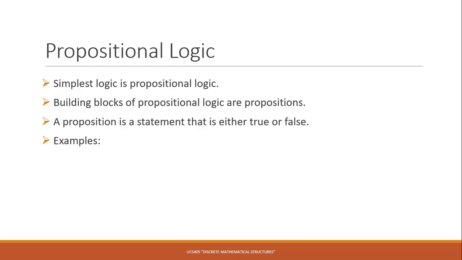Now, the simplest of the logics is propositional logic. Propositions are the building blocks of propositional logic. What is a proposition? A proposition is any statement which is either true or false. For example, if I say UCS 405 is a course in discrete mathematics in our college, that is true because you are studying this subject as UCS 405 in the current semester.